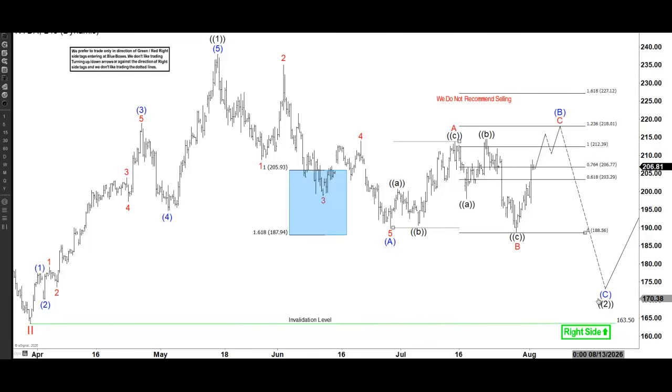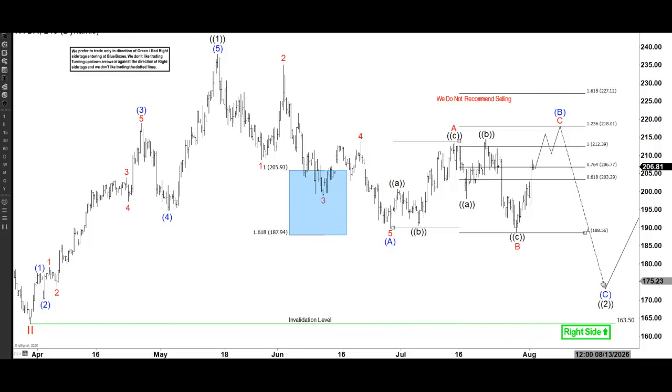Again, a very technical structure overall, right? A very technical structure that we have, and I believe that the market is trapping buyers and it's going to resolve lower. So we're calling for NVIDIA to do a flat as a B and a C to follow. Let's see if we are correct.